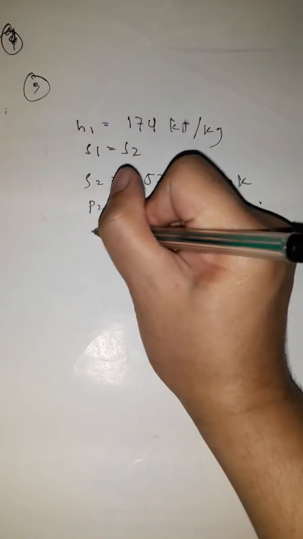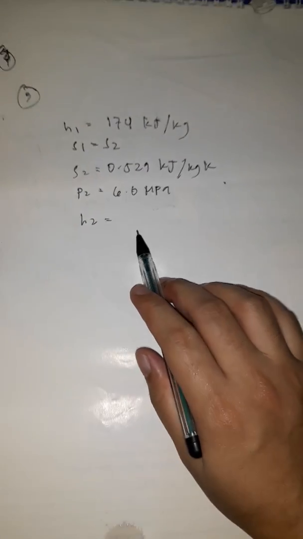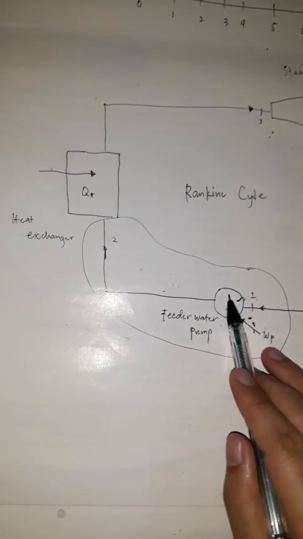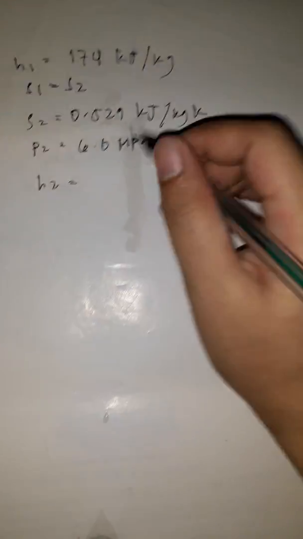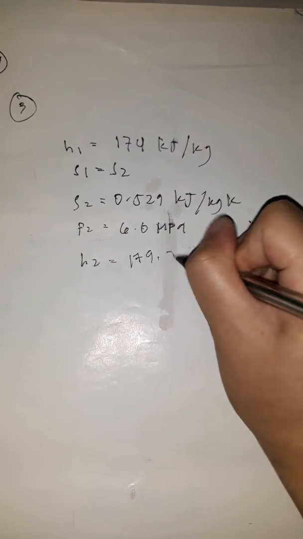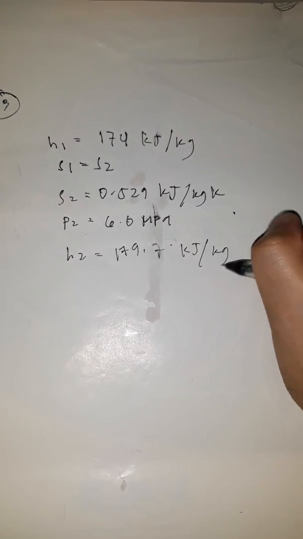We find the H2 in the steam table for the compressed water using interpolation between two states, which have 179.7 kilojoules per kilogram.